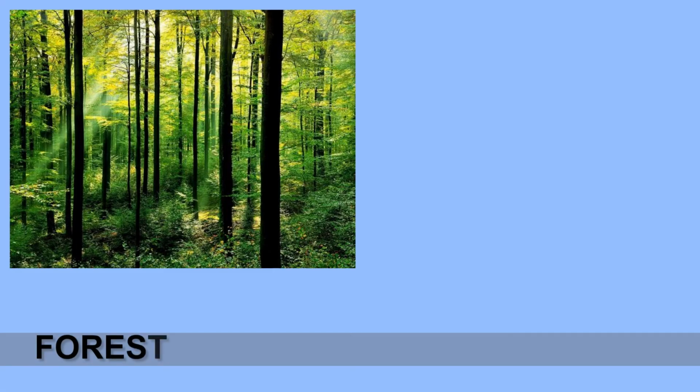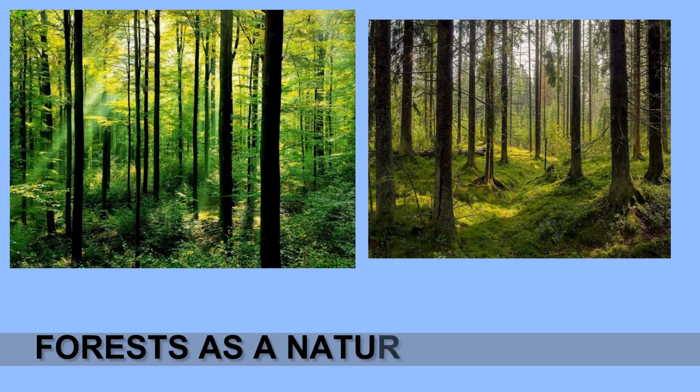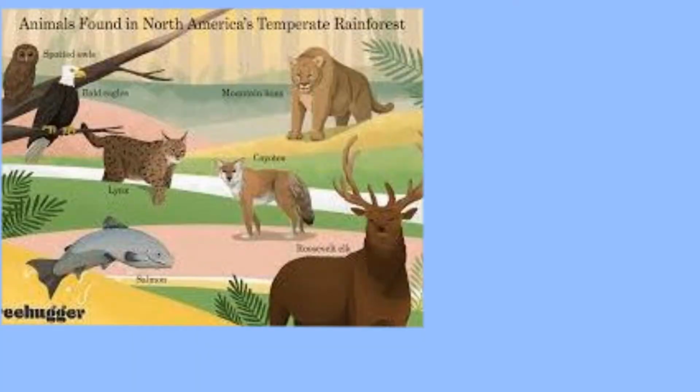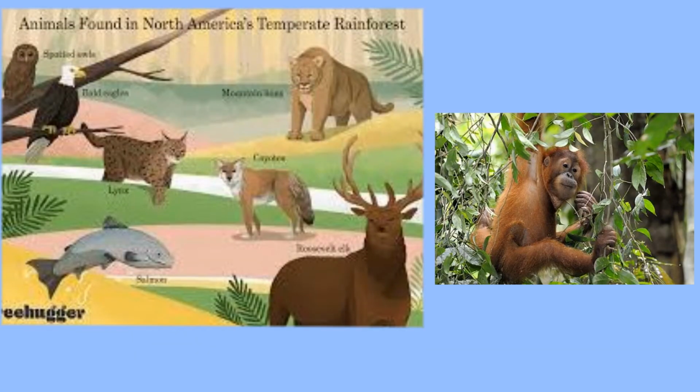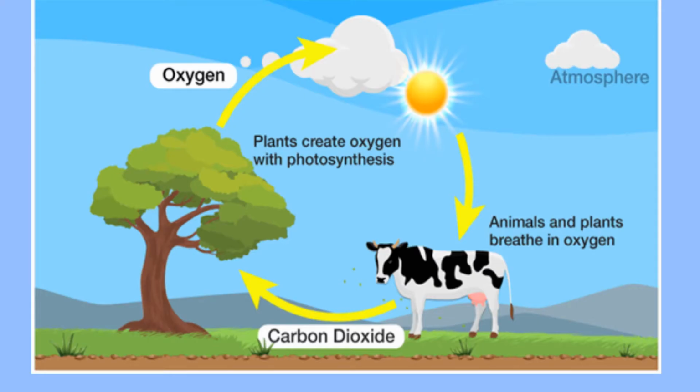Let us learn about forest as a natural resource in depth. We all know what a forest is. It's a group of trees expanded over a large area. Now, what are the uses of forest? We know that forests provide habitat to a large number of plants, animals, birds and insects. These forests consist of trees. These trees take up carbon dioxide and give out oxygen.